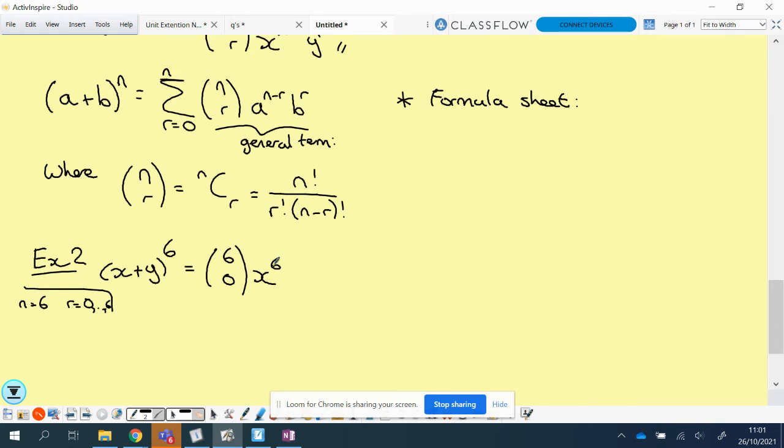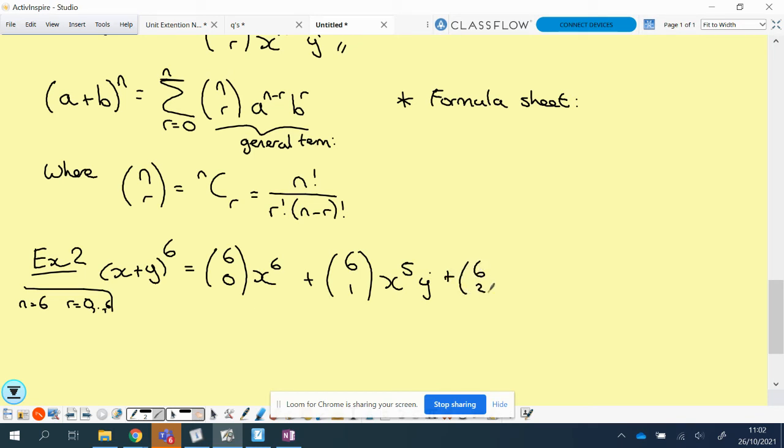So that's my first term. My second term, when r is 1, is going to be 6 choose 1, then x to the power 5, since we take 1 off the power that it started off with, and then y to the power r. r is 1, so y to the power 1 is just y.